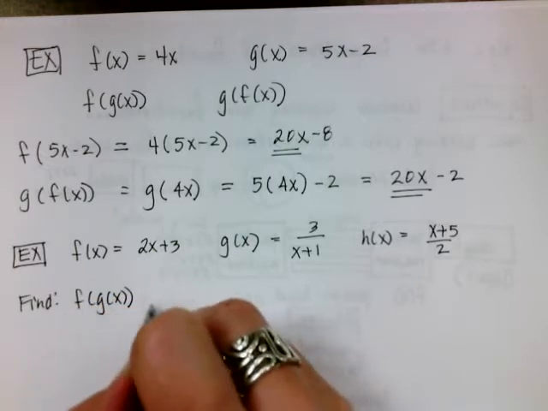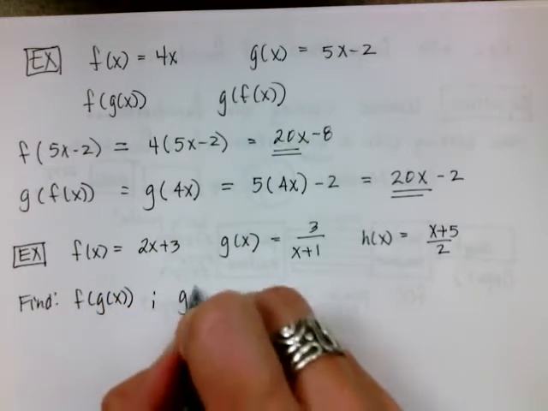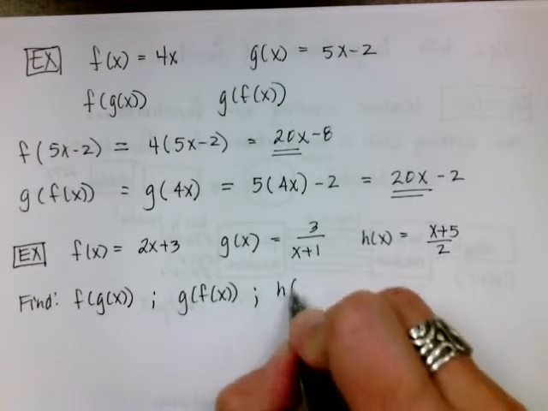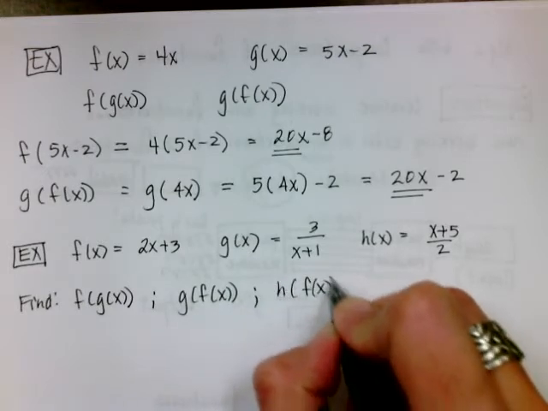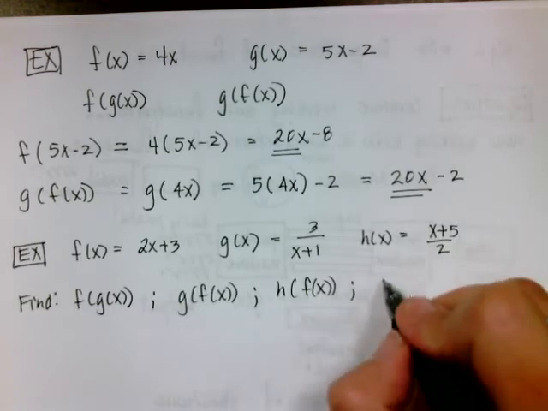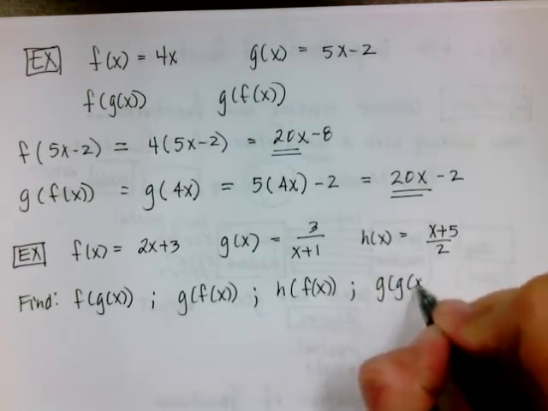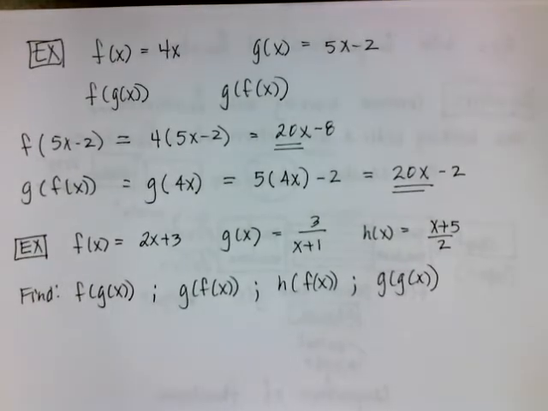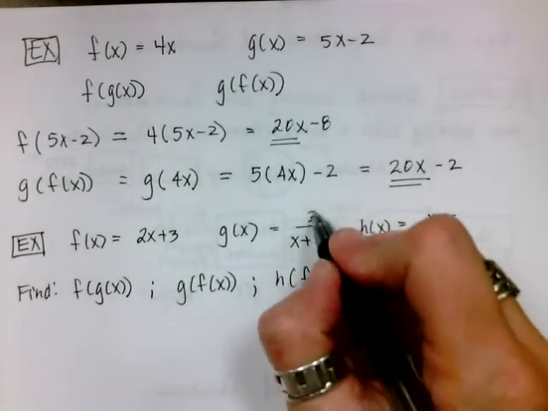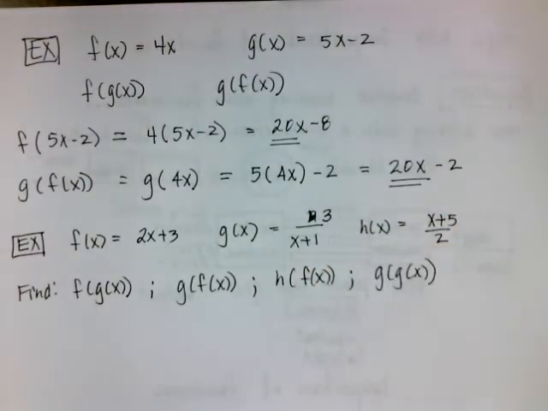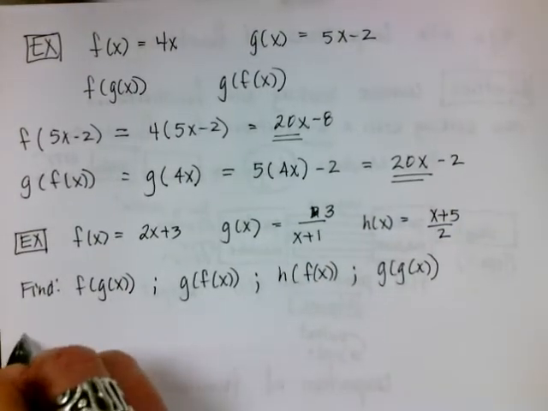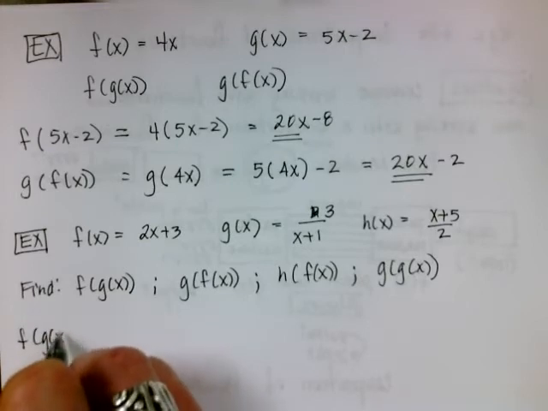There's the first one. Then I want to find g of f of x. And then I want to find h of f of x. And then the last one is going to be g of g of x. And I know that looks weird, but the math is kind of fun. And this, excuse my bad handwriting, I'll scribble that out, is a 3. Maybe that's better.